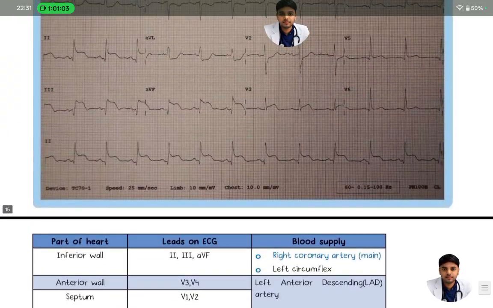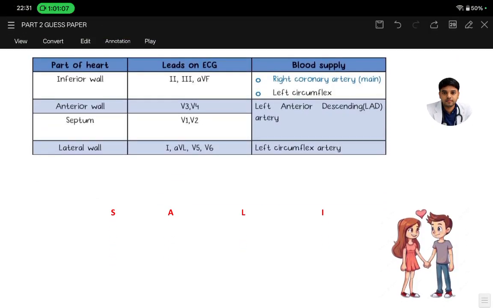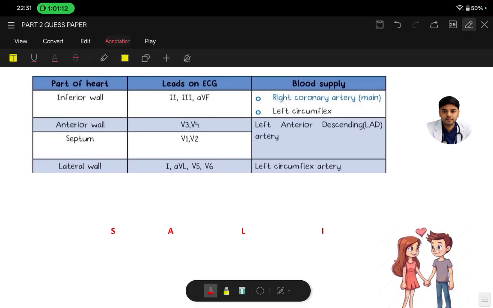Can anyone tell the diagnosis of this one? I have one thing to tell here. Do you know what SALI is? For example, my brother's wife's sister will be SALI for me.